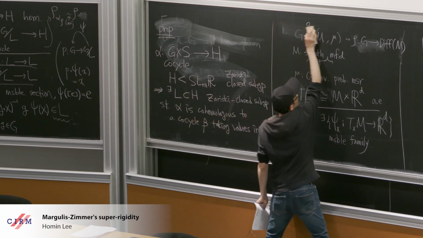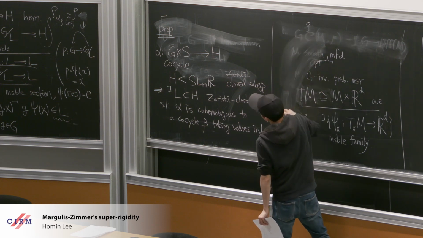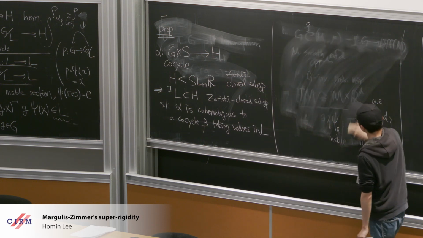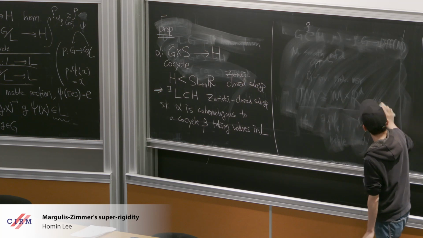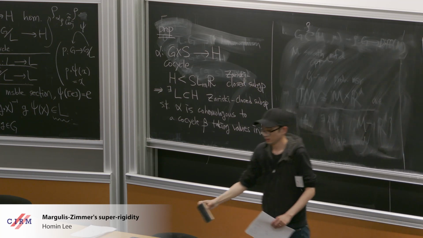And also, this is really the minimal: L is the minimal subgroup you can have as a target.